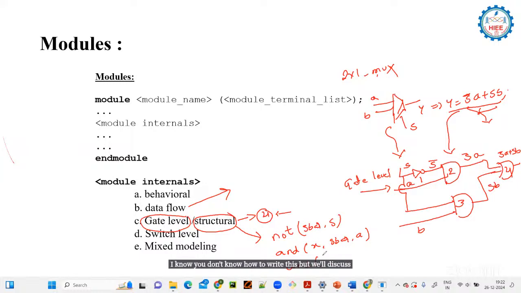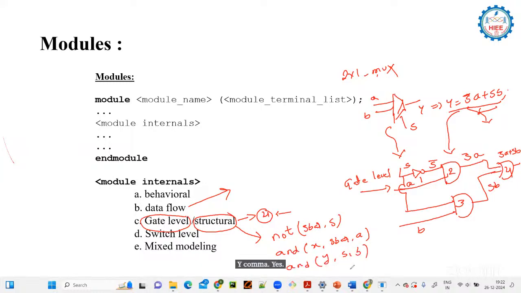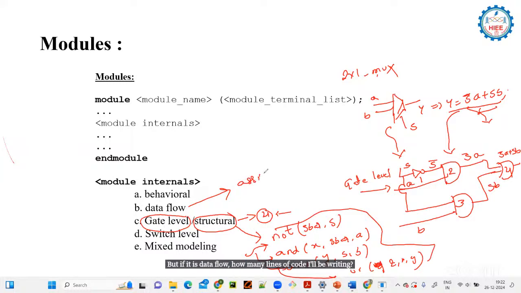Then AND of Y comma S comma B, and then OR of Z comma X comma Y. Don't worry, I'll explain this later. So here, how many lines of code do I have to write? 1, 2, 3, 4. But if it is data flow, how many lines of code will I be writing? Assign Y equal to S bar A plus SB. Done.